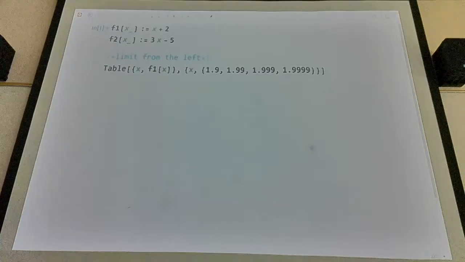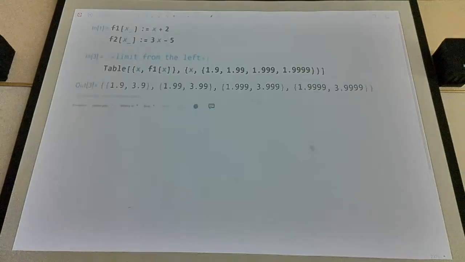Shift enter. So this is the default output of a table. I don't like it. If I use the table form command, that's better.